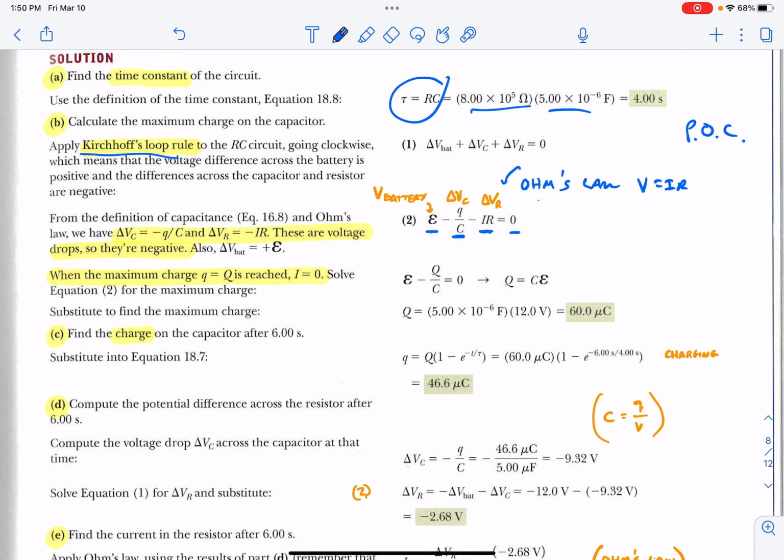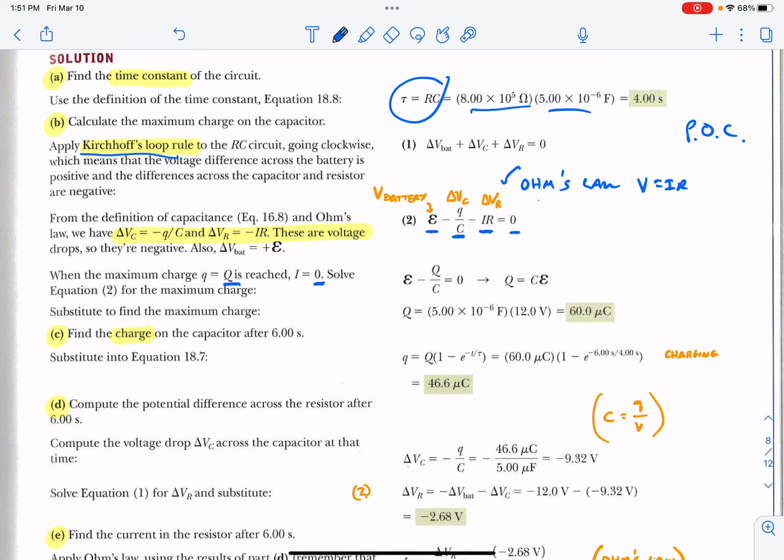When my capacitor is fully charged, this value of the voltage goes to 0. I'm going to erase that. When the maximum charge Q is reached, then your current goes to 0.